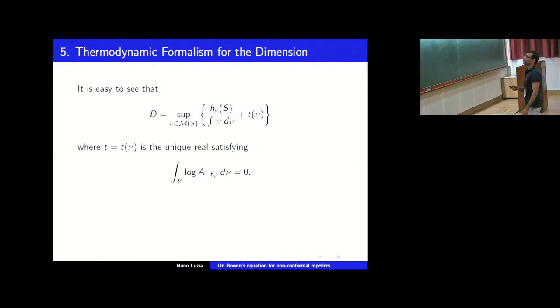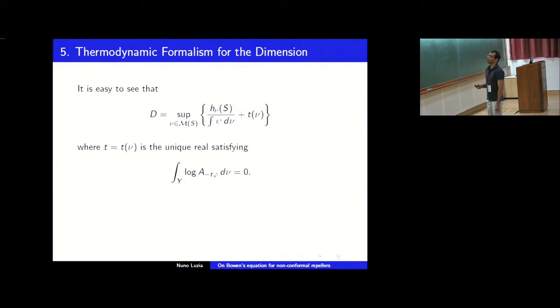So this T nu can also be given as the root of this equation here. So this T, if you put here, multiplied by the potential and this gauge function, there is a unique T that zeros this, okay? So this might be interpreted as a random Bowen's equation, okay?